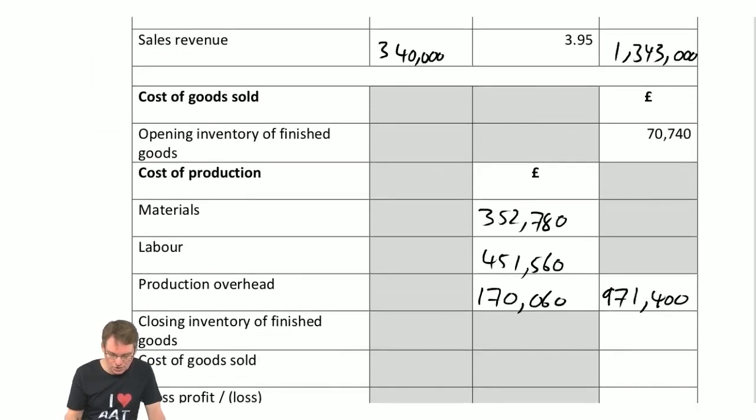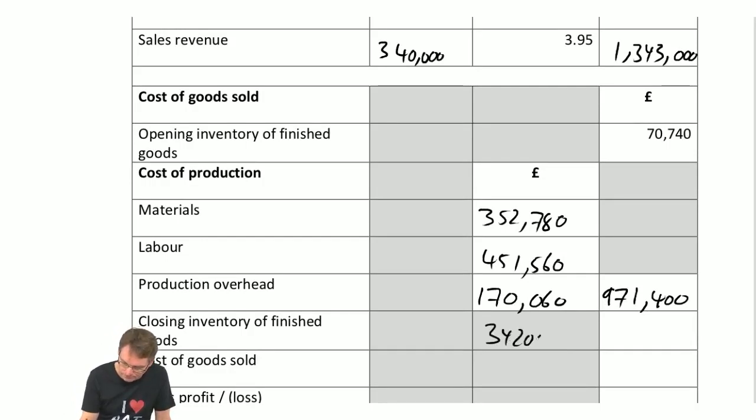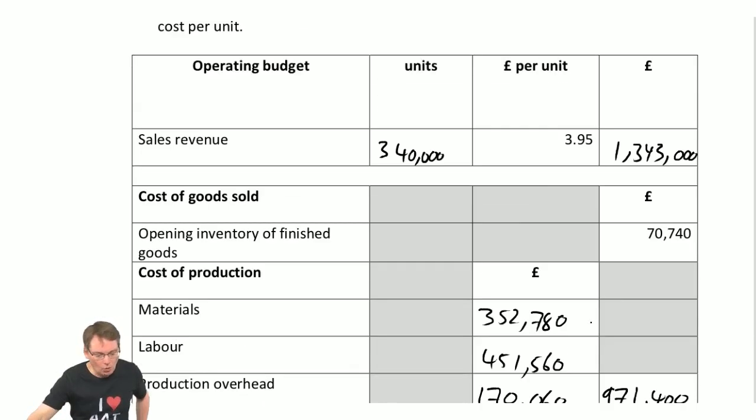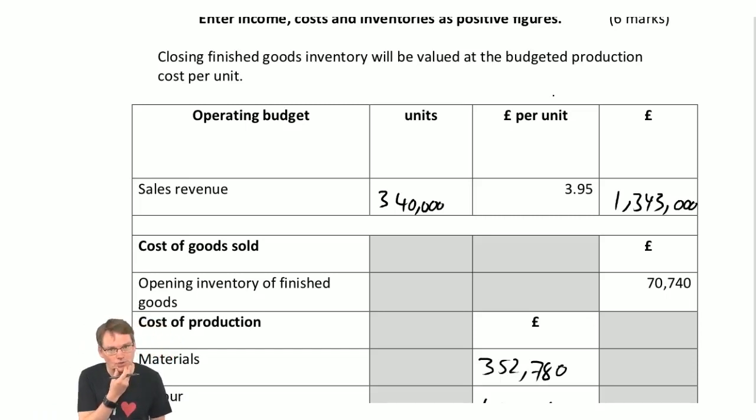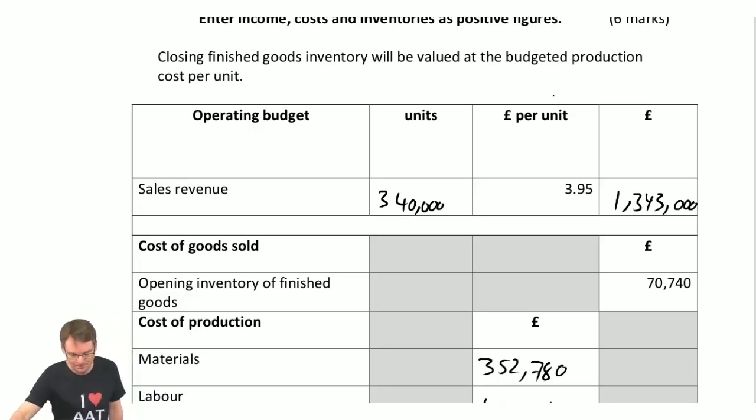So 34,200. And I'll just write there that that was given. And we are also told they will be valued at the budgeted production cost per unit. The budgeted production cost per unit, right.